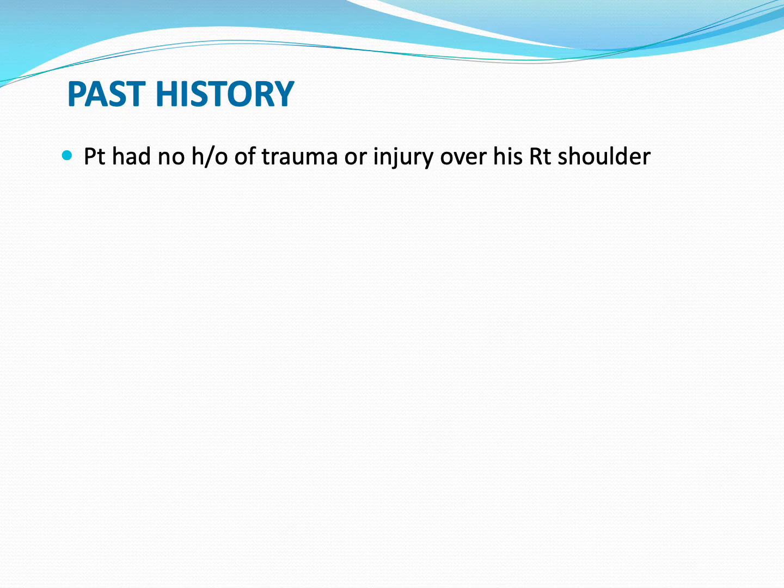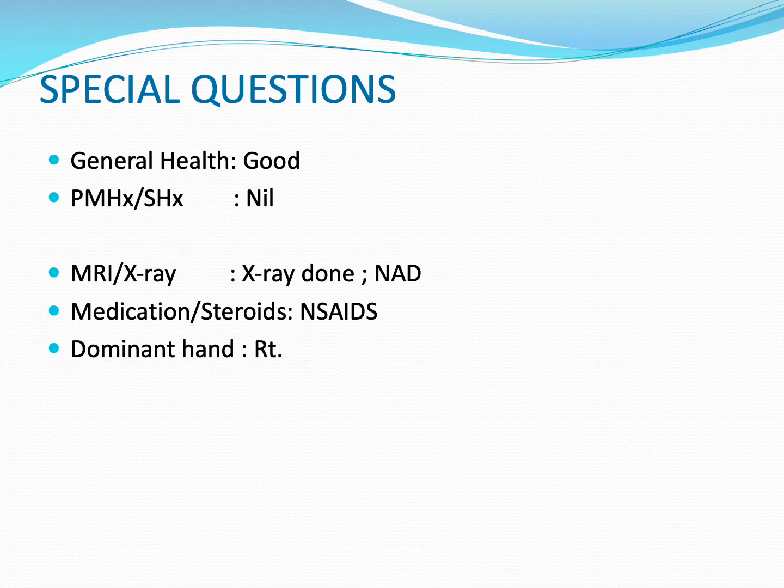For past history, this patient had no history of trauma or injury over his right shoulder. And for special questions, general health for this patient is good. This patient has no medical illness or surgical history.